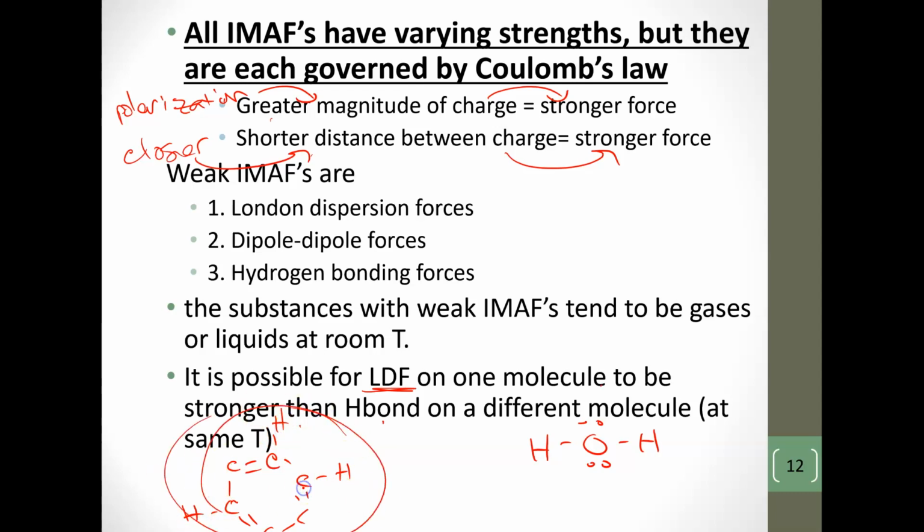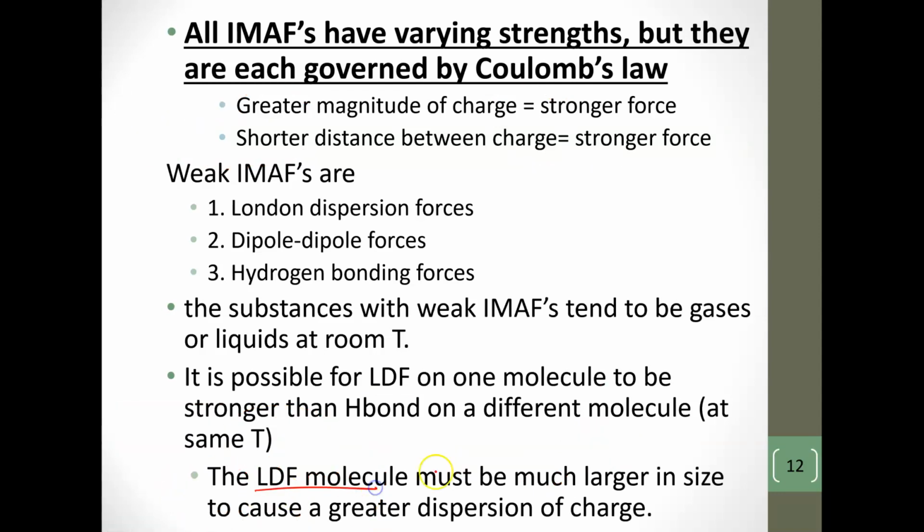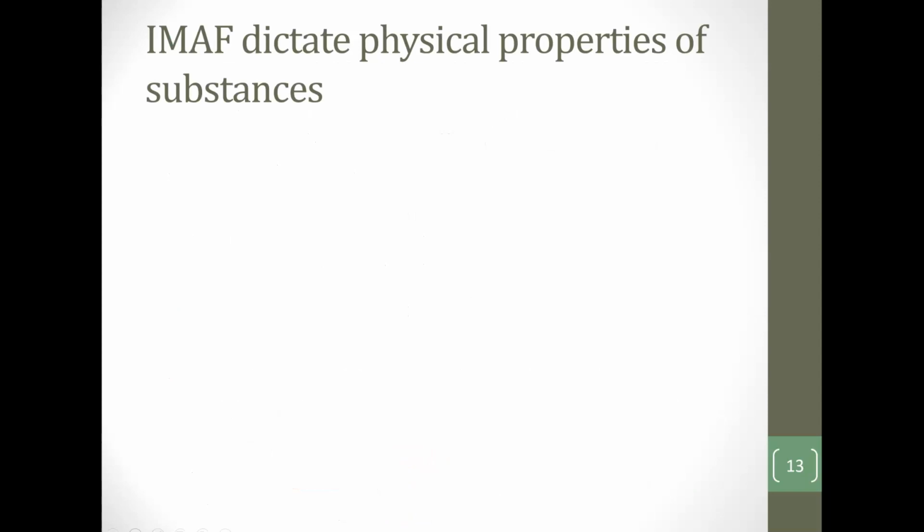Because it is so big, it has greater opportunities for polarization, and it could be, I don't know for sure, but its LDF could be greater than the hydrogen bonding on this guy because it's so much bigger. Not always true. It's kind of like, oh, that's a convenient explanation, but basically the idea is the LDF molecule has to be much larger in size to cause a greater dispersion of charge. Therefore, its attractive forces would be stronger than hydrogen bonding.